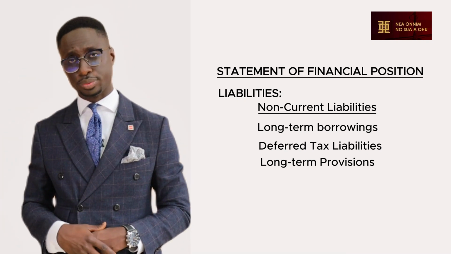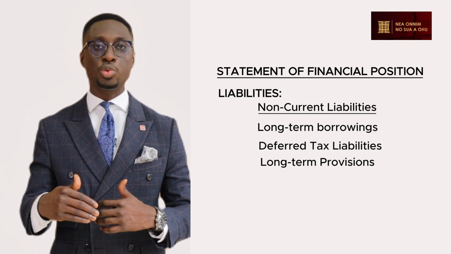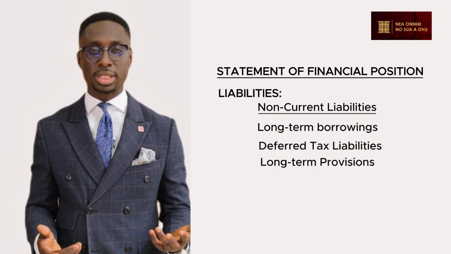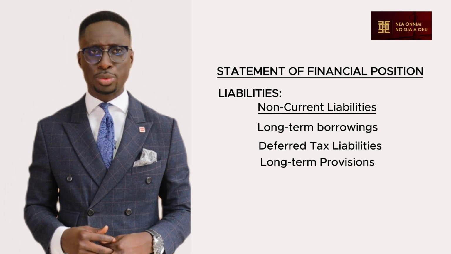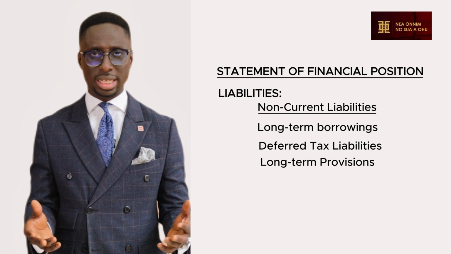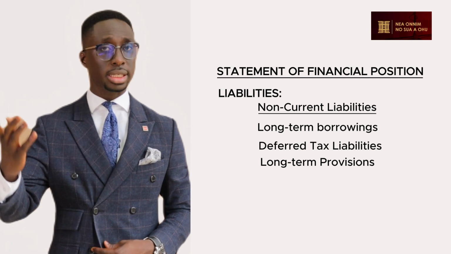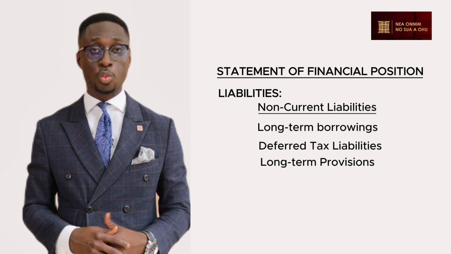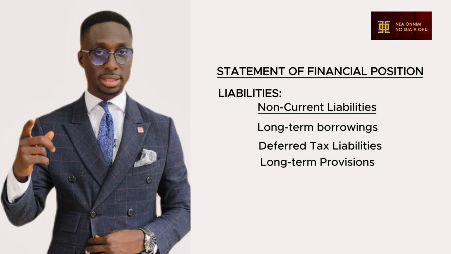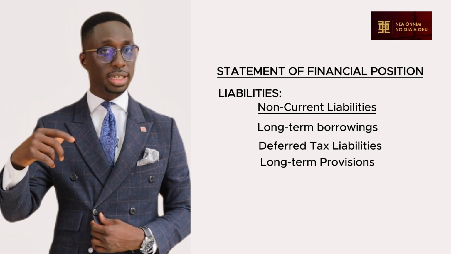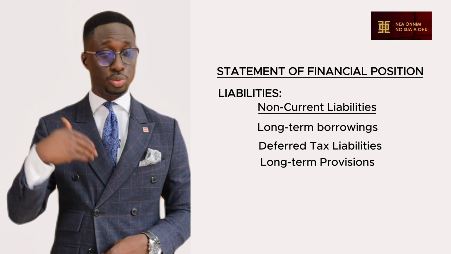I'll give an example. You may have gotten into an arrangement with a client, and the client probably, as a result of a breach in the terms, the client may have triggered a legal process where there's the likelihood of damages being granted in favor of this other party, which is the client, against you.